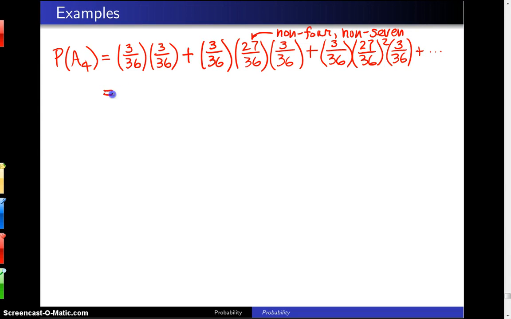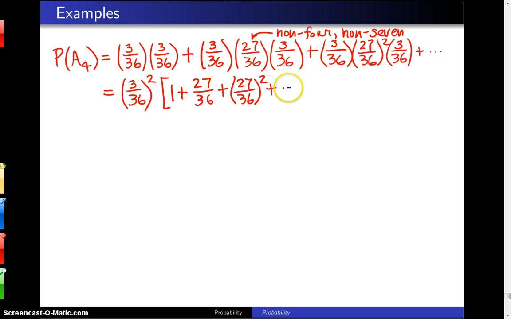If you're willing to pull out the (3/36) squared, which appears in each of these terms, you're left with 1 plus 27/36 plus (27/36) squared plus (27/36) cubed, etc. And that right there is a geometric series.